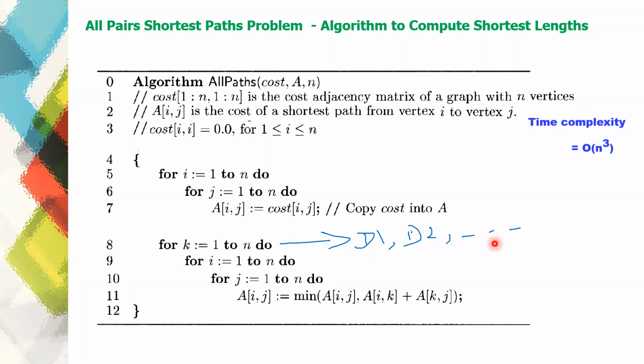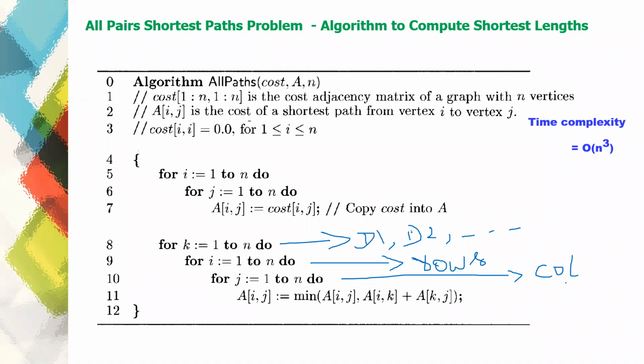And for building D1, D2, D3 and so on, this is the loop, kth loop. Then in each distance matrix D1 or D2, there are number of rows and there are number of columns. There are n rows and there are n columns. So in each distance matrix, this ith loop is for number of rows and jth loop is for number of columns.